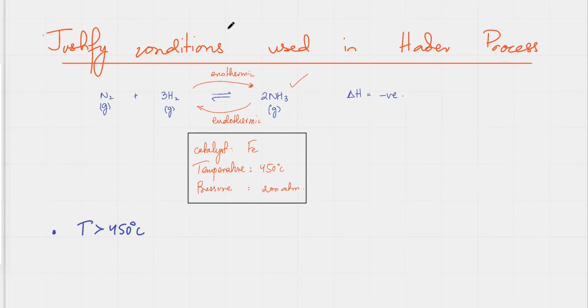What are the pros and cons? Why did you use 450? Why not a higher temperature? Why not 1000 degrees centigrade?